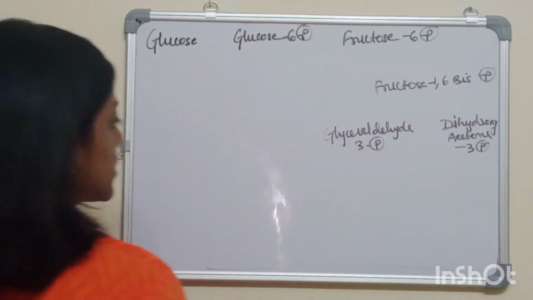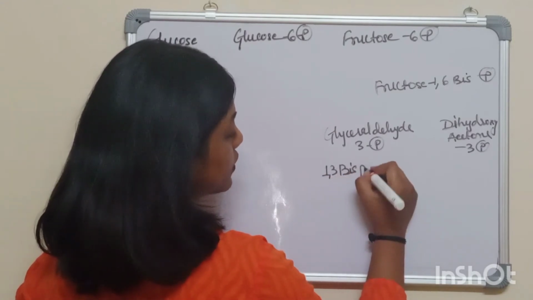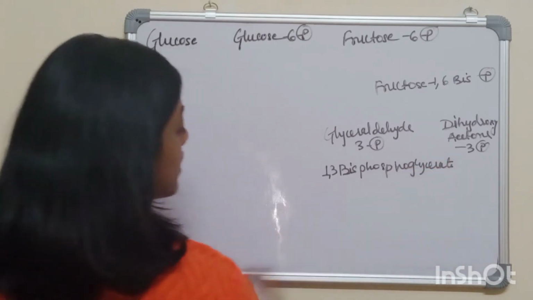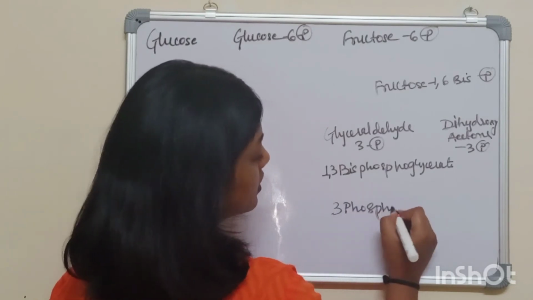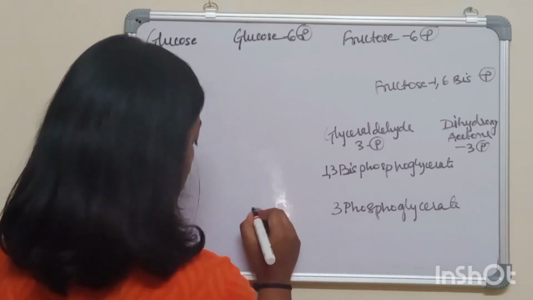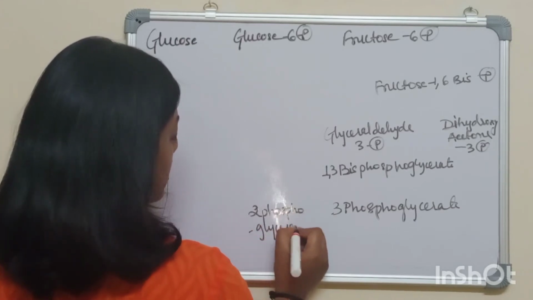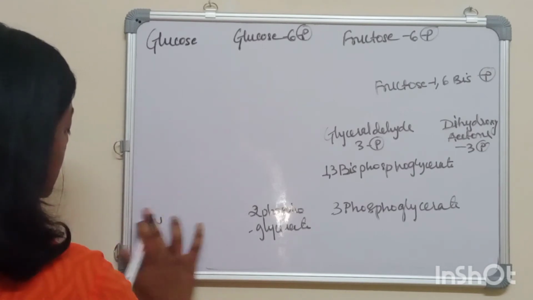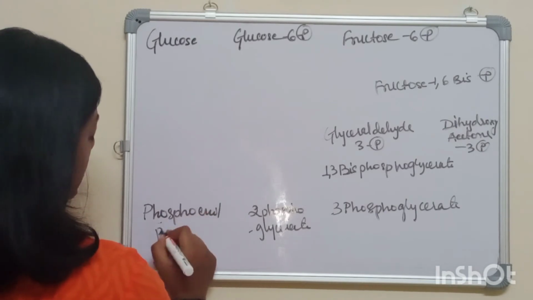Then glyceraldehyde 3-phosphate was converted to 1,3-bisphosphoglycerate. 1,3-bisphosphoglycerate was converted to 3-phosphoglycerate. 3-phosphoglycerate was converted to 2-phosphoglycerate. 2-phosphoglycerate was converted into phosphoenol pyruvate.